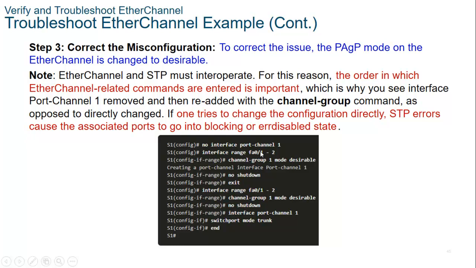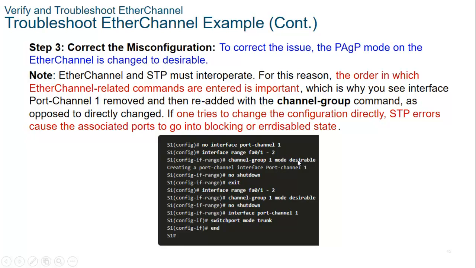If you try to change the configuration directly, STP errors cause the associated ports to go into blocking or error-disabled state. So in this example, no interface port-channel, we're deleting it, and then we are making it again. So interface range, we have the range of the interfaces, channel-group 1, mode desirable.